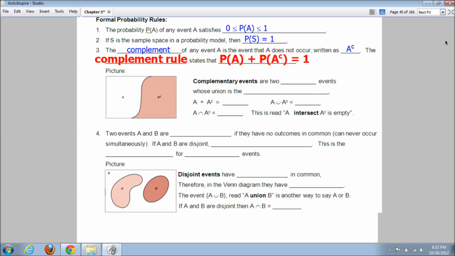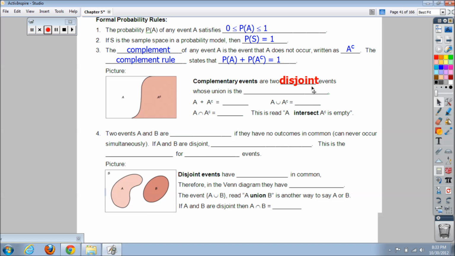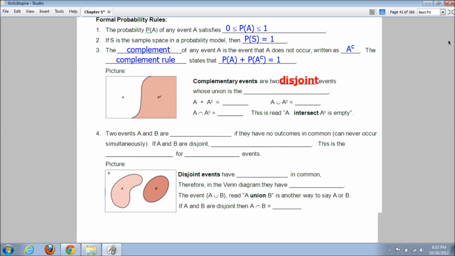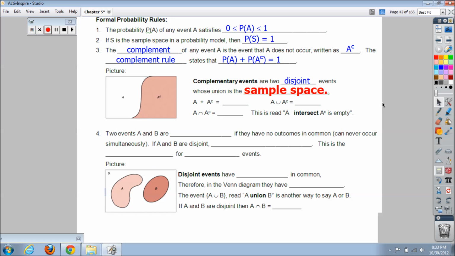Now complementary events are 2 disjoint events whose union is the sample space. Okay? What I mean by union is kind of a collective. If you look in your picture here of this Venn diagram, it isn't your typical Venn diagram, but it is kind of a Venn diagram. Here's event A, and here's event A complement.